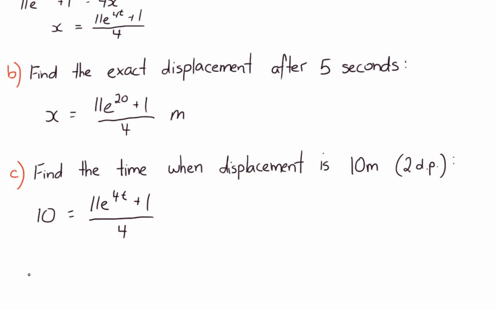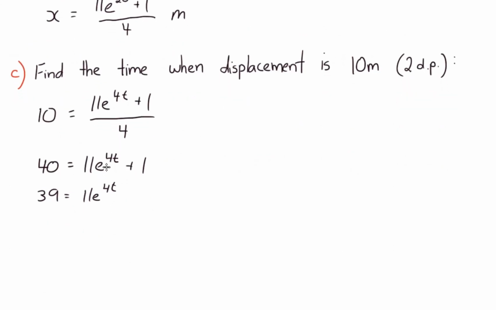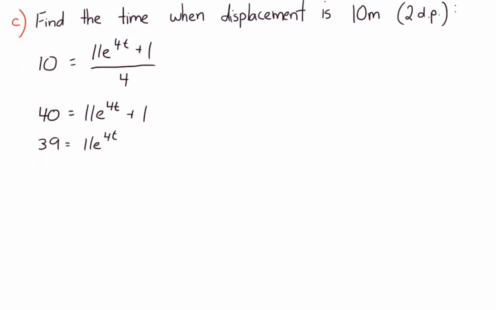So let's multiply both sides by 4. We get 40 equals 11 e to the 4t plus 1. We can subtract that 1 from both sides. Next step is to divide both sides by 11. Now switch things around here as well, so I'll get e to the power of 4t equals 39 over 11.